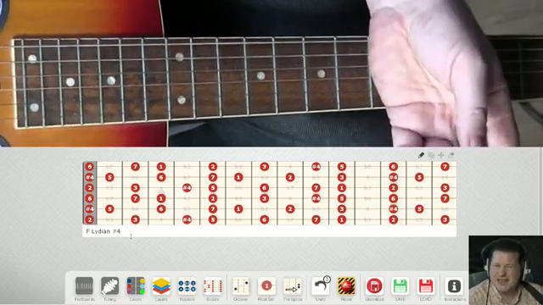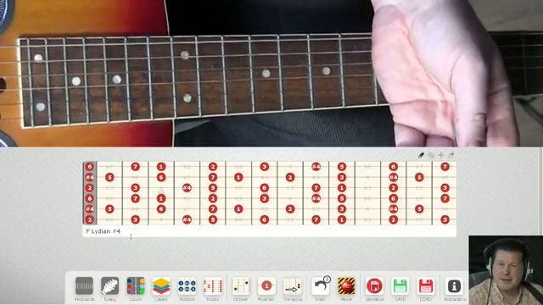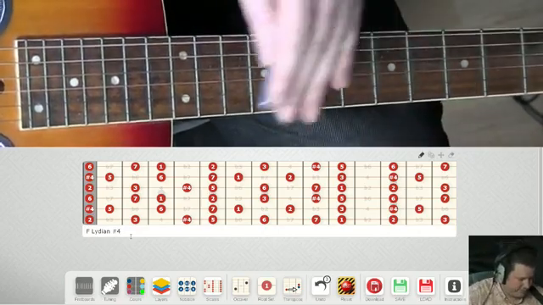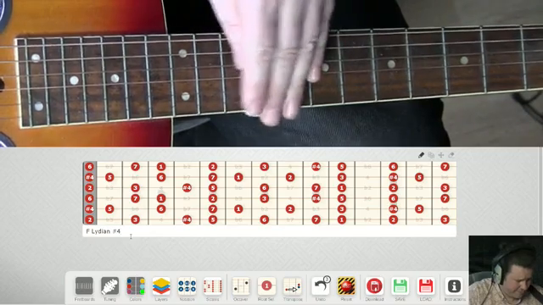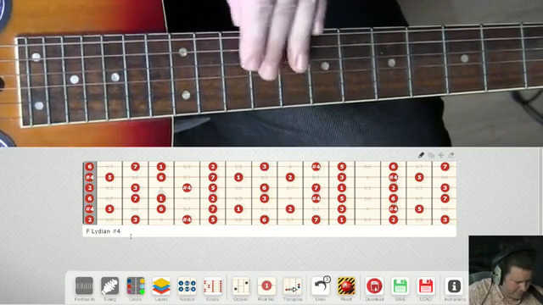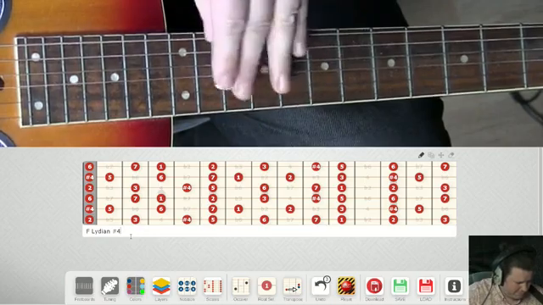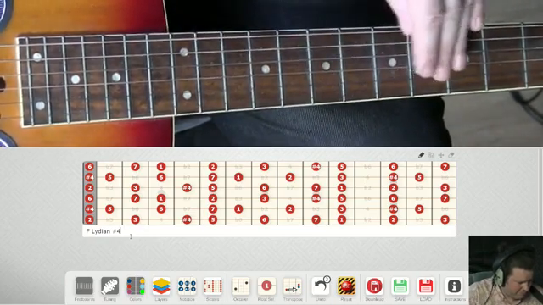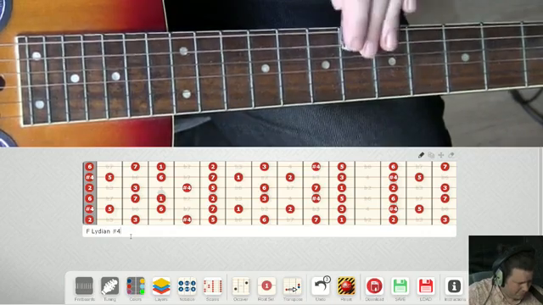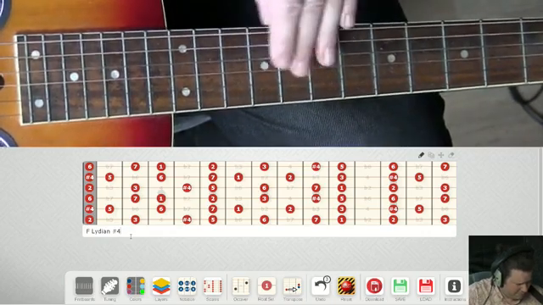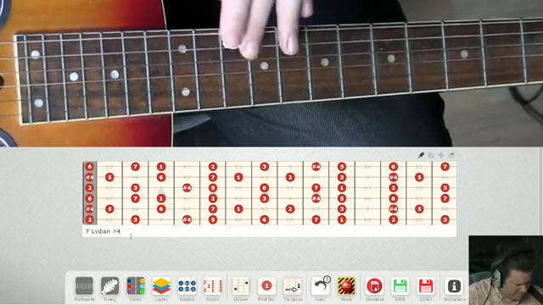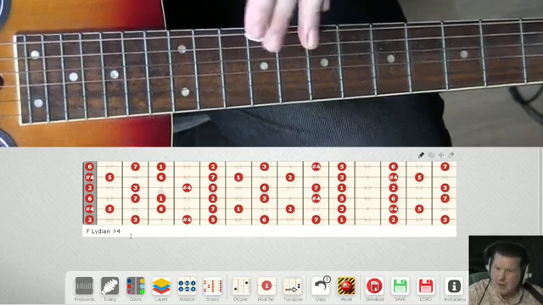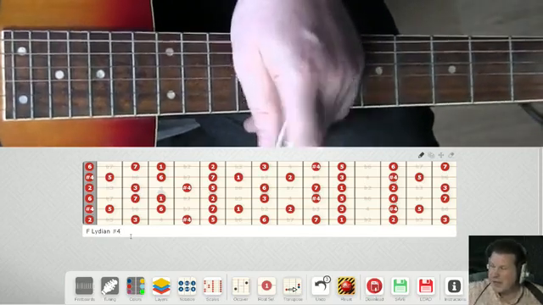Obviously, this is not exactly the same, but that's it, putting the major 7th in the bass on that algorithm.